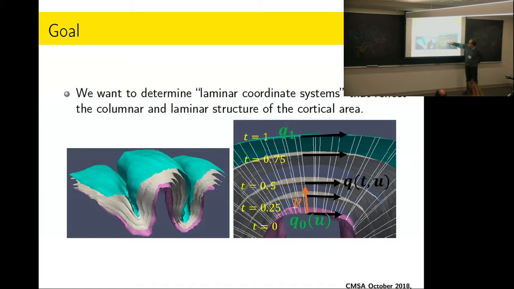We form what in geometry is called the foliation, on which we have a two-dimensional coordinate system on each layer, and to know which layer we are talking about, we have this vertical or transverse coordinate. So that's what we want to build. And we will have a few constraints on how to build that.